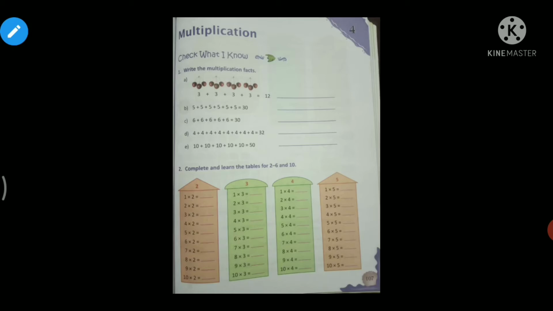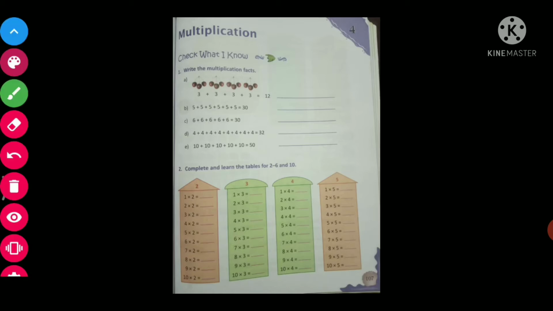Let me give you one example. Suppose in your classroom 30 students are there, and today it's your birthday. You want to distribute 3 chocolates to each of them.